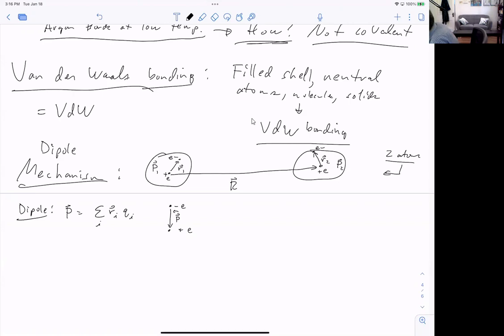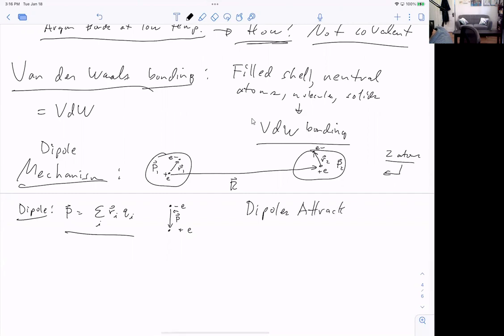You can just calculate this dipole, and you see that that's the dipole. And so each of these atoms has a dipole made up from the electron plus the nucleus. I'm doing this for just one electron, one proton, but even if you have many electrons, it's the same physics. And so what happens is the dipoles attract each other.